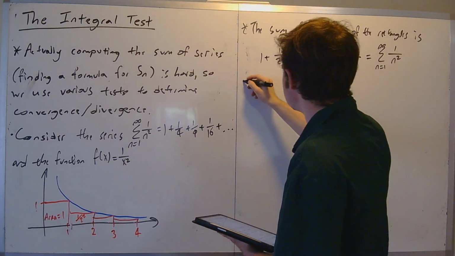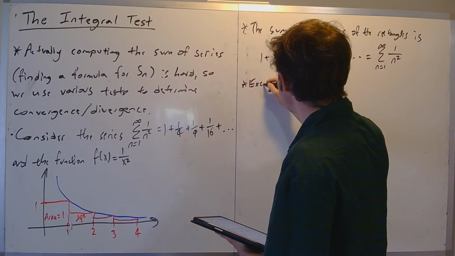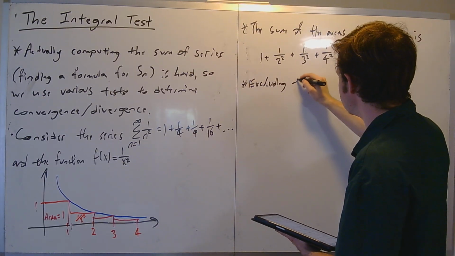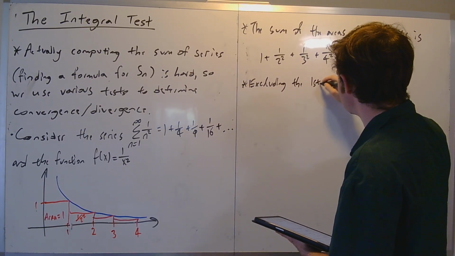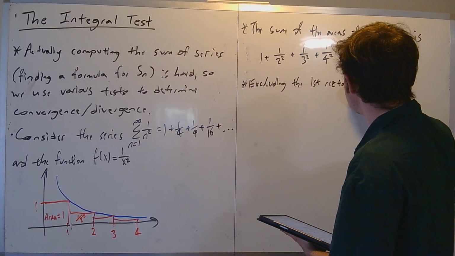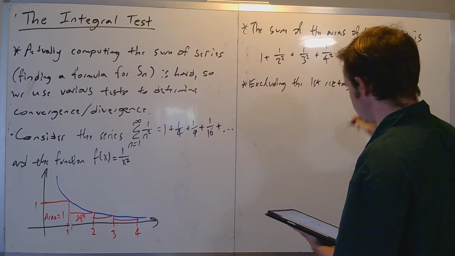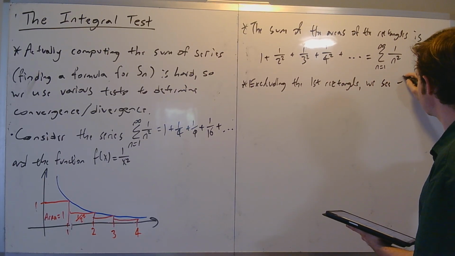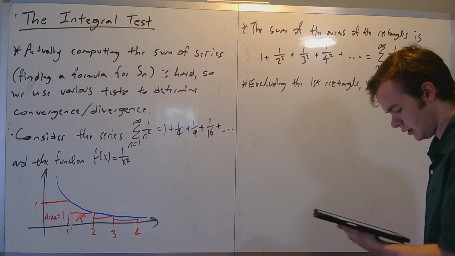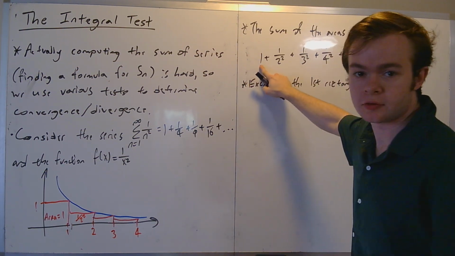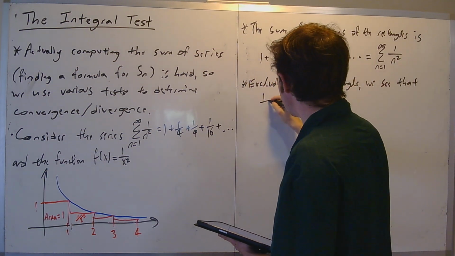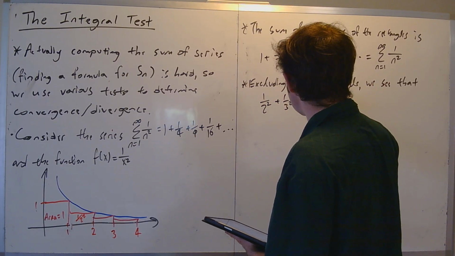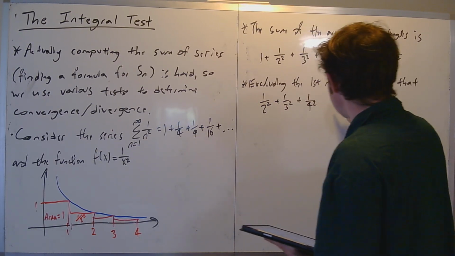Right, so if we add together all the areas of the red boxes, that's what we get. And let's say here, excluding the area of the first rectangle, we're going to have 1 over 2 squared plus 1 over 3 squared plus 1 over 4 squared, and so on.